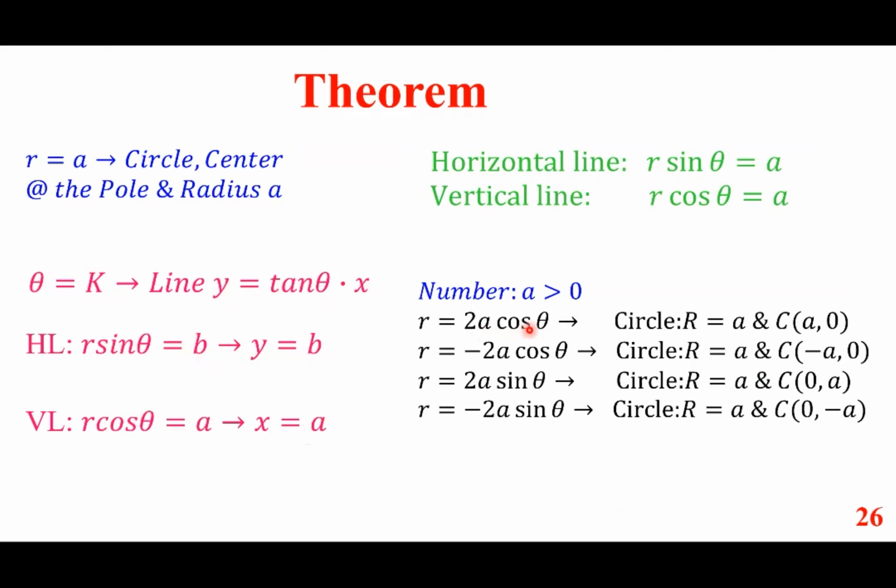When r is 2a cosine theta, plus or minus 2a, or r is plus or minus 2a sine theta, all of them result in a circle with a radius a, and the center in the case of a cosine is along the x-axis. In the case of a sine it is along the y-axis.